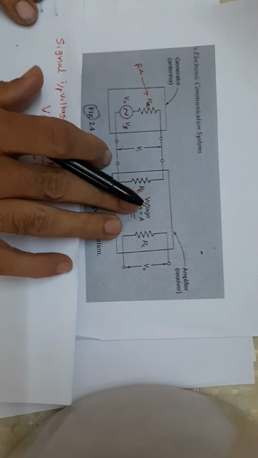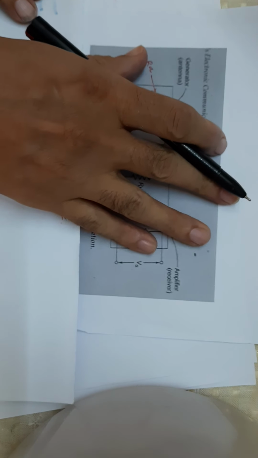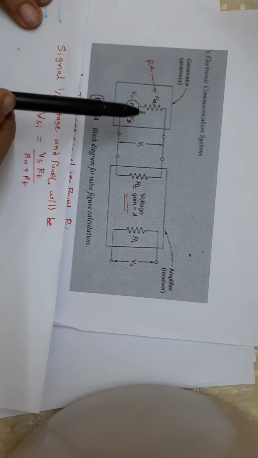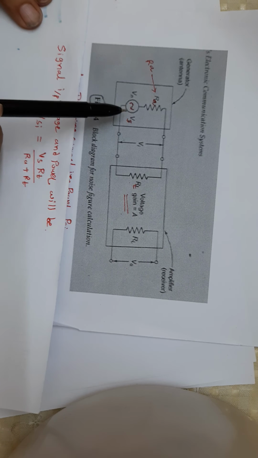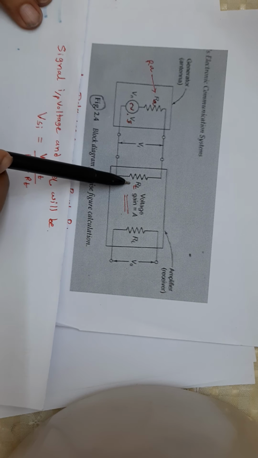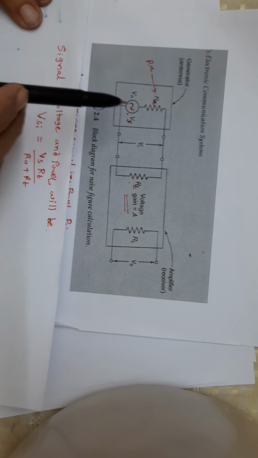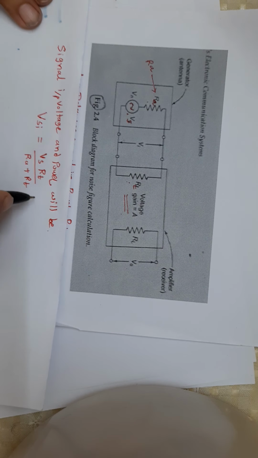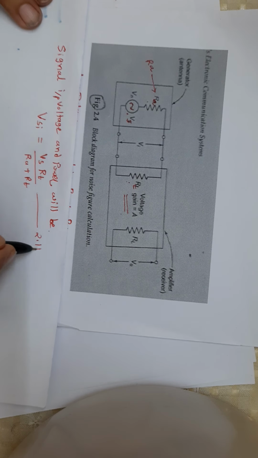From the figure, see here, VSI is equal to VS RT divided by RA plus RT. This is your equation 2.11.